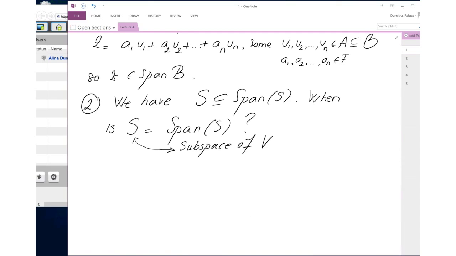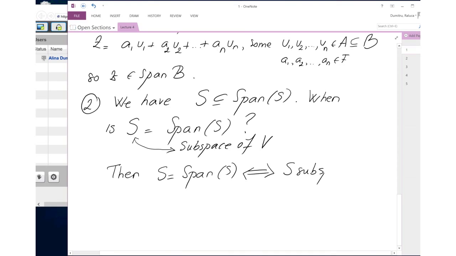So in general, a set equals its span if and only if S is a subspace of V.